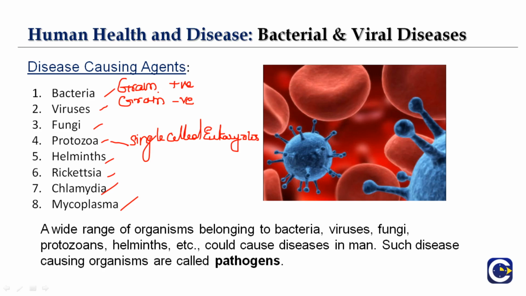Next is mycoplasma. I think you must have heard about it. Mycoplasma is again a bacteria. It's a genus of bacteria that lack a cell wall around their cell membranes. This characteristic makes them naturally resistant to antibiotics that target the cell wall. Why is it told here like that?